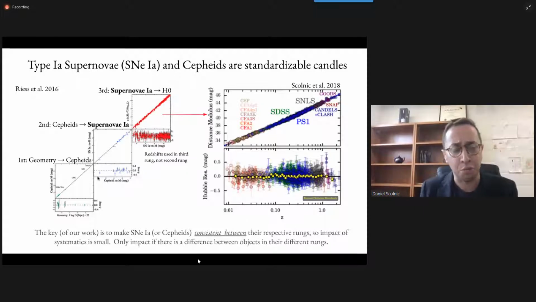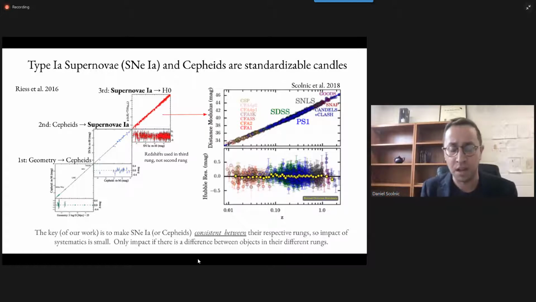This is a 3-rung ladder where in the first rung, you use geometry like parallax to calibrate Cepheids. In the second rung, you use the brightness of the Cepheids to calibrate the brightness of supernovae. And in the third rung, you use the brightness and redshifts of the supernovae to measure the Hubble constant.